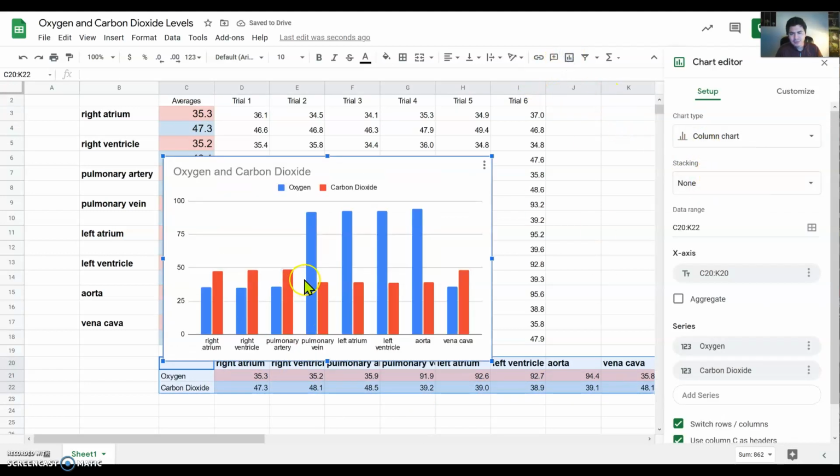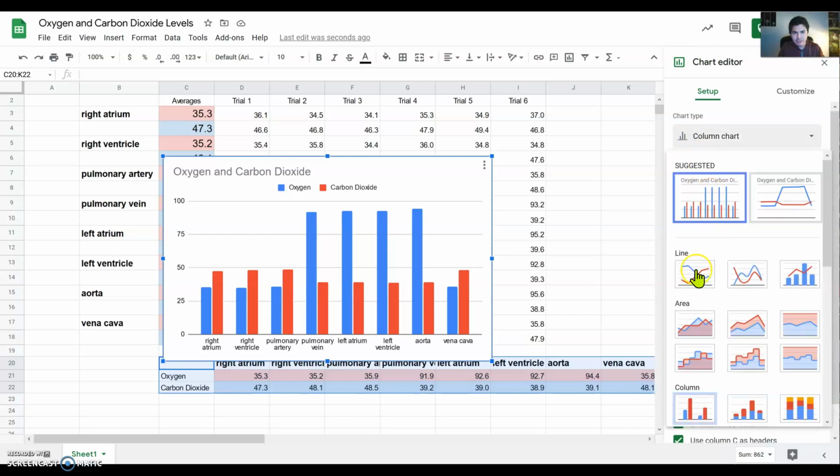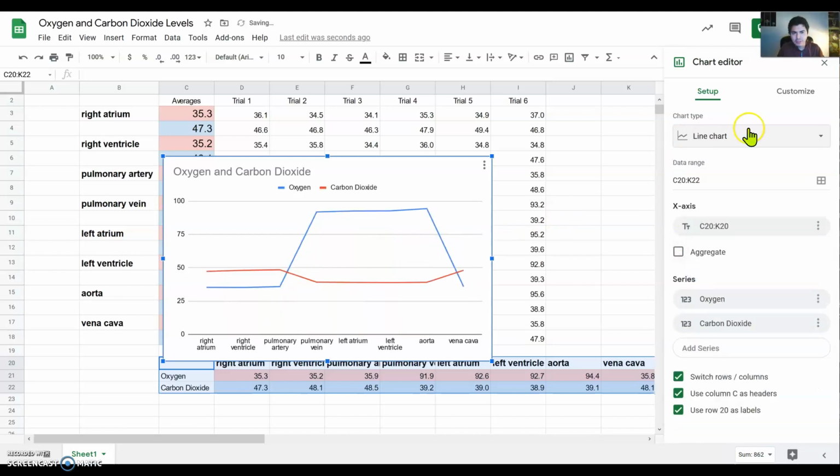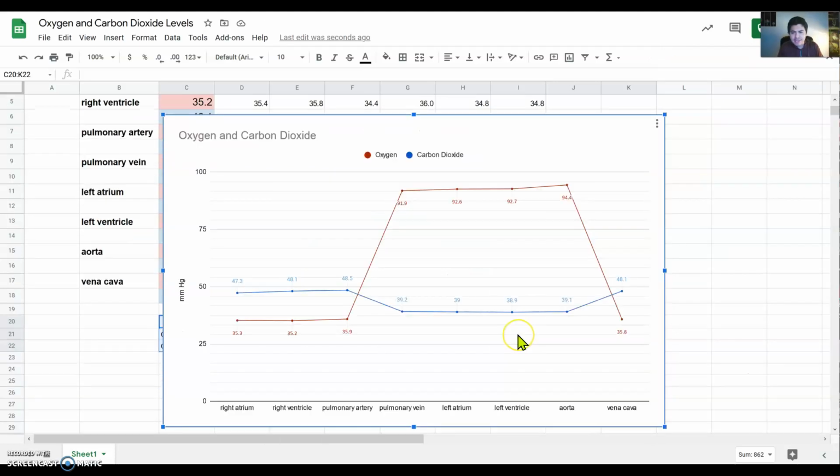Of course, this does not tell a good story. So what we want to do is track a trajectory, and for that, a more appropriate graph would be a line graph. We're going to customize it a little bit, put some labels, title it, and all that. And here is almost a final product.